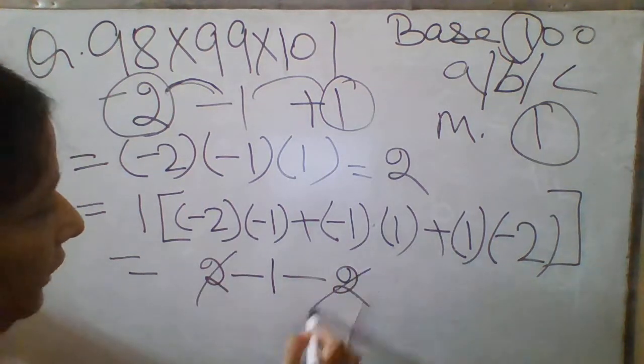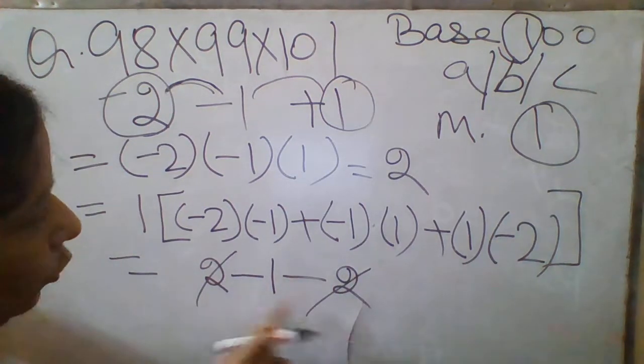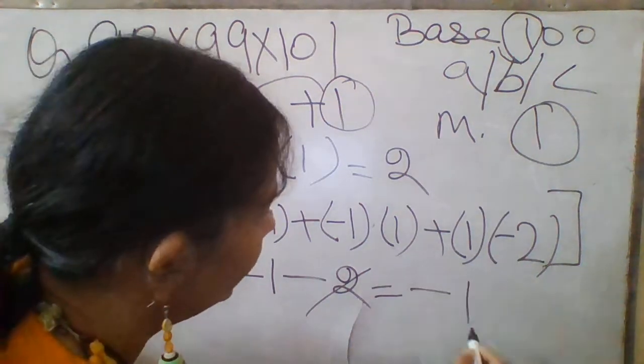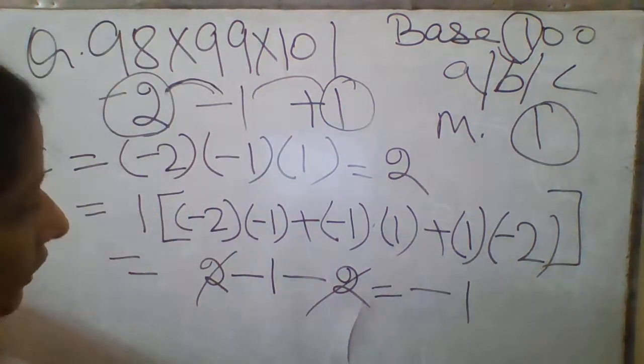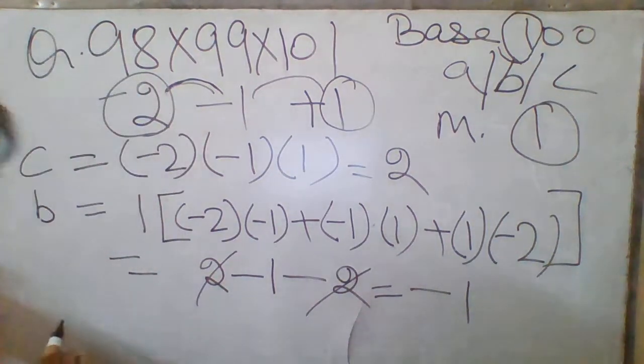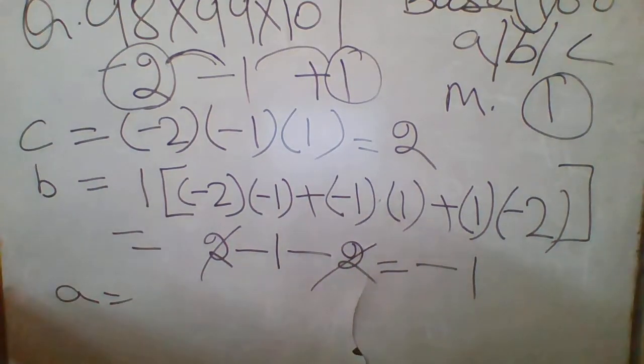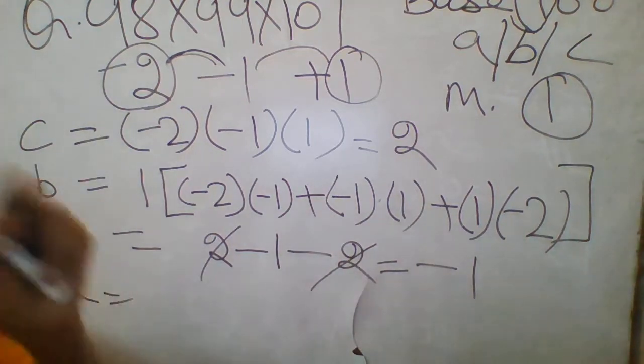Now you solve it. 2 plus 2 and -2 will be cancelled out, and here you will be left with -1. Okay, now you see you got the value of b also. Now you have to find out the value of a. Okay. Now you see how will you find out this a. Okay.